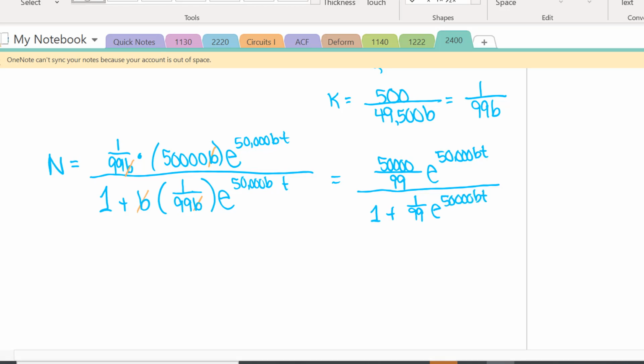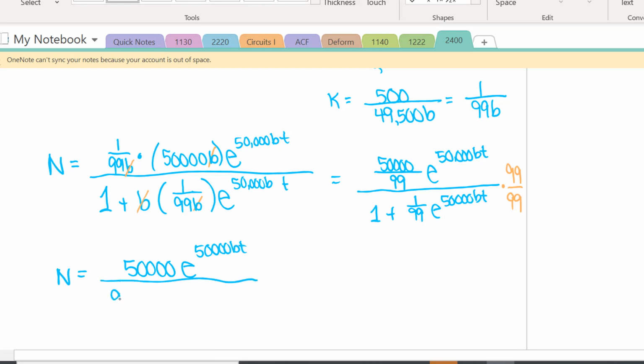And then I don't like fractions within a fraction, so I am going to multiply numerator and denominator by 99. So in the numerator, the 99s would cancel, and I just get 50,000 e to the 50,000 bt. And in the denominator, I have to distribute the 99, so I get 99 plus e to the 50,000 bt.